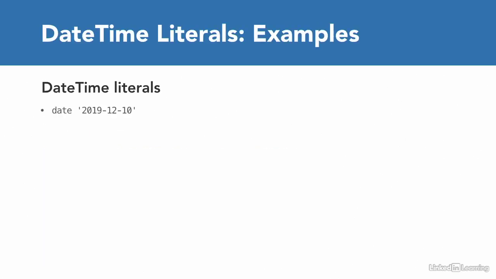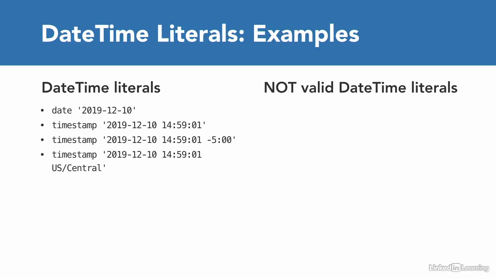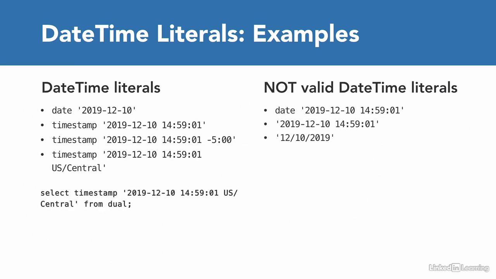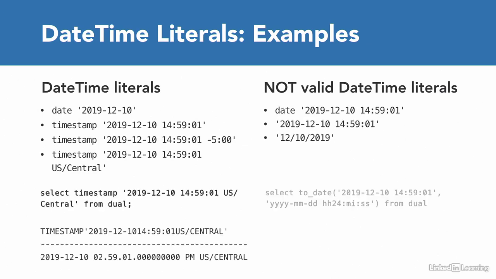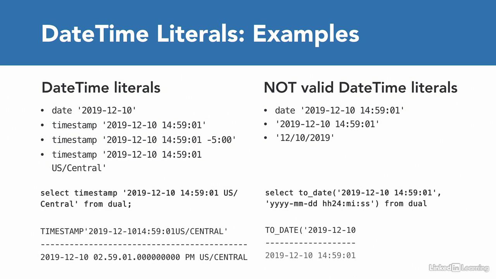Date literals use the ANSI standard for date and timestamp literals with the date or timestamp keyword, followed by a string representing a date in a very specific format: year, month, and day, with a dash for date, and the same for timestamp with hours, minutes, and seconds, with an optional numeric or text time zone offset.